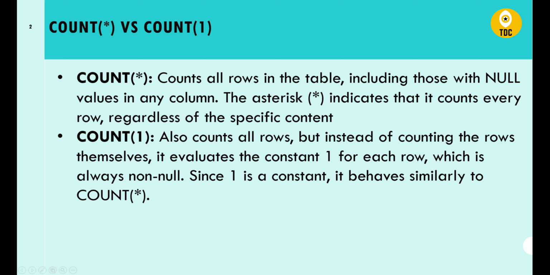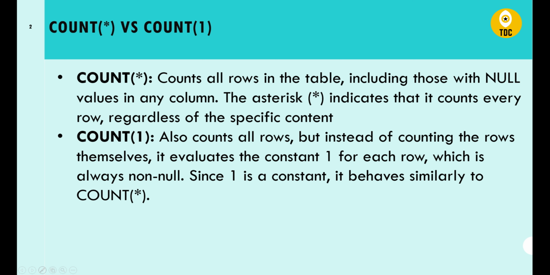And count of one is functionally the same. It also counts all the rows, but instead of counting the rows themselves, it evaluates the constant one for each row, which is always non-null. Since one is a constant, it behaves similarly to count of star.